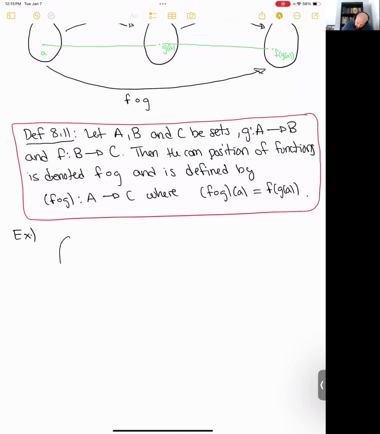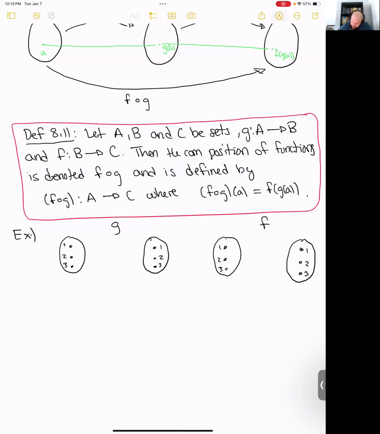So we have g. Maybe we're just going to go from a 3-element set to a 3-element set. And then we'll have f going from a 3-element set to a 3-element set. So that's like g here and f. 1, 2, 3, 1, 2, 3, 1, 2, 3, 1, 2, 3.